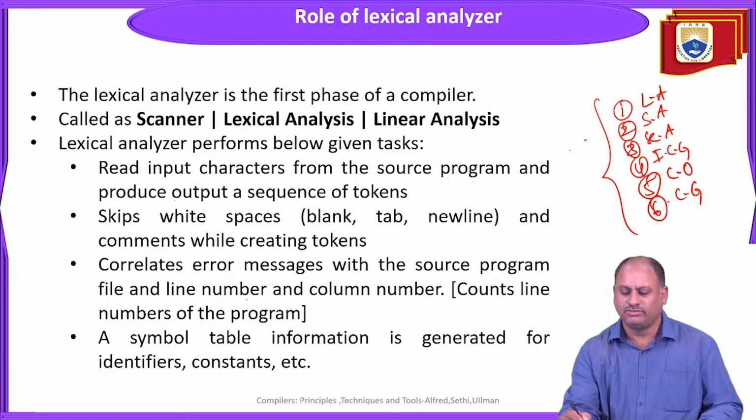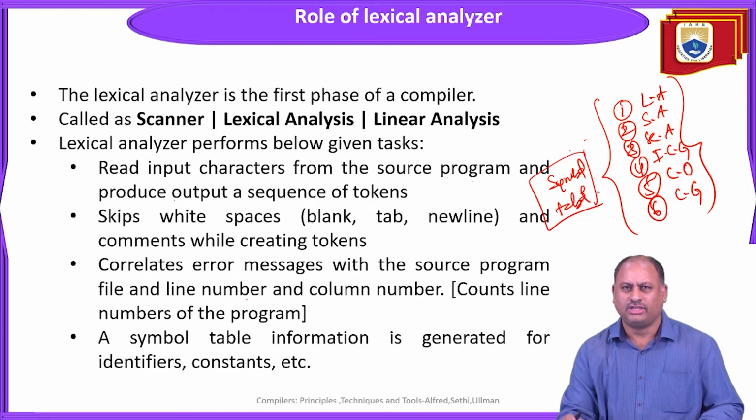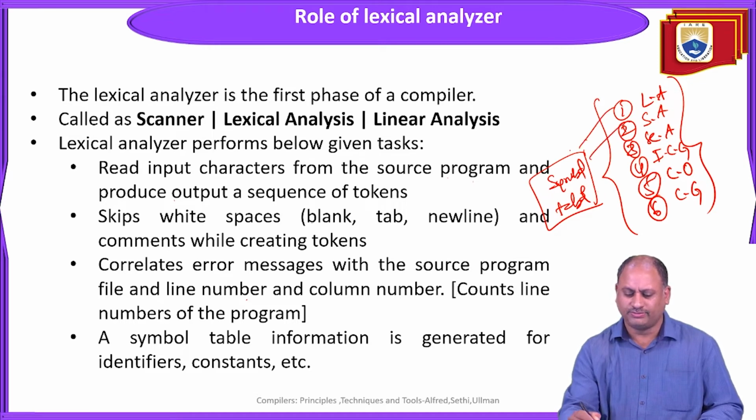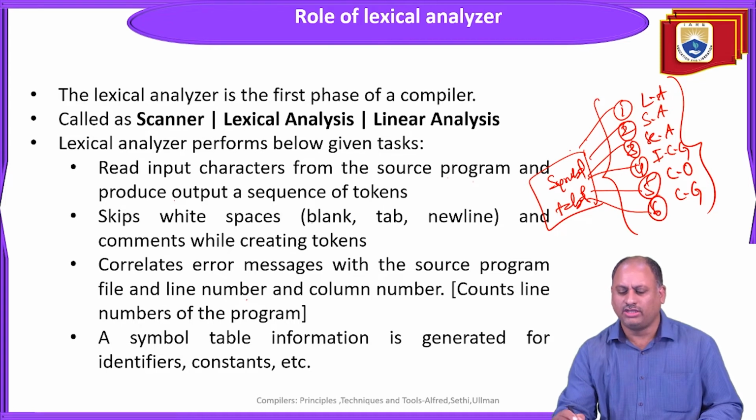In this compilation process, any variables or identifiers, constants or function names used by the programmer are to be referenced in the symbol table. The symbol table is a data structure which is used to provide the necessary information to each phase of the compiler.